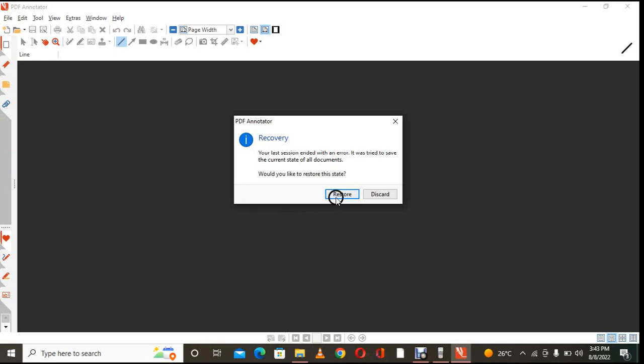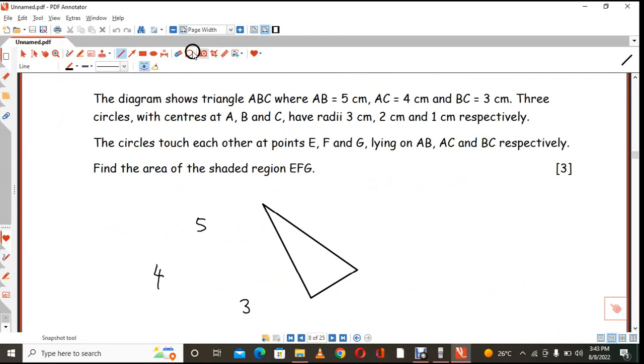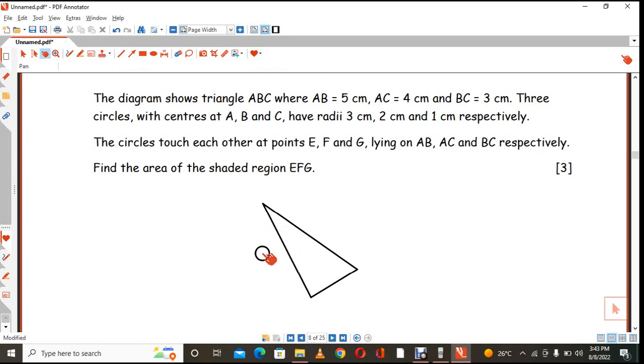Okay, so let's restore and go back to our work. I wanted to remove these measurements for now. All right, so we have ABC.